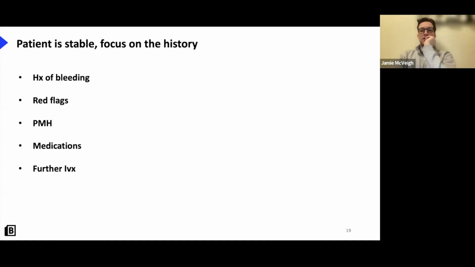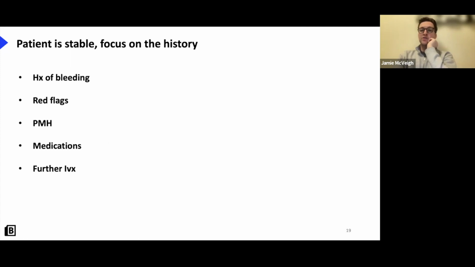All these things are really important to make sure that you ask about, and make sure you document as well, to cover yourself. Okay. And there's no red flags. You're not particularly concerned. Oh, other red flag obviously is previous malignancy. So has he had a previous GI malignancy that would be indicative of recurrence? Okay.